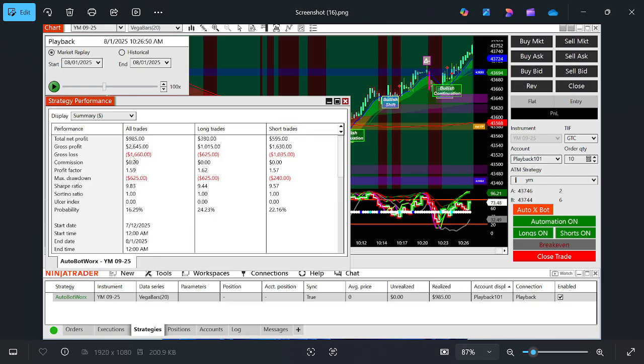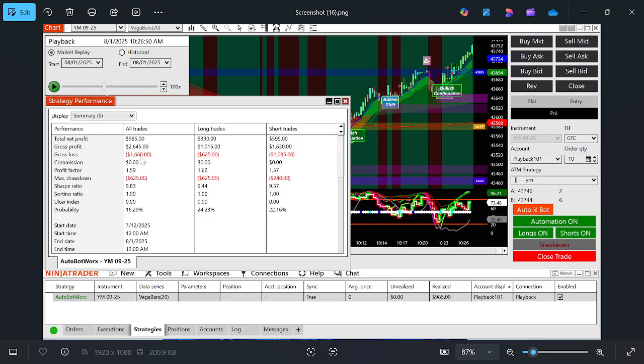I mean, you can see that the gross loss of all the losing trades was $1,660. Depending on where some of these trades got the initial drawdown back before they hit profit, I don't know how much of that 1660 would actually be the intraday drawdown.